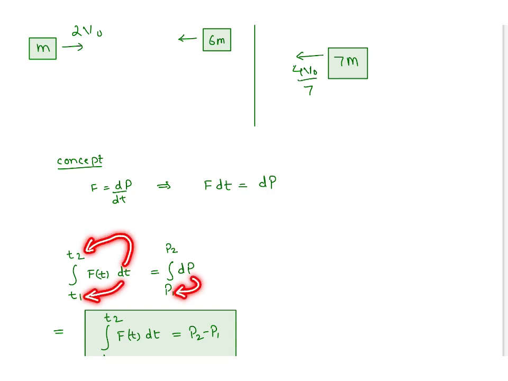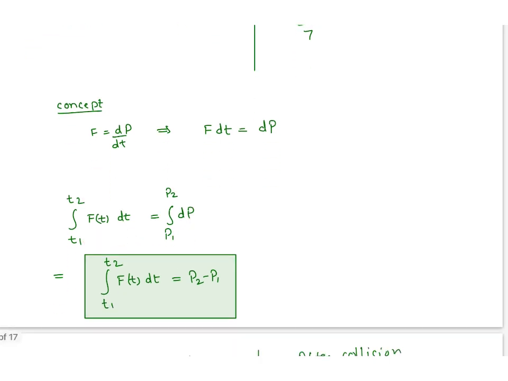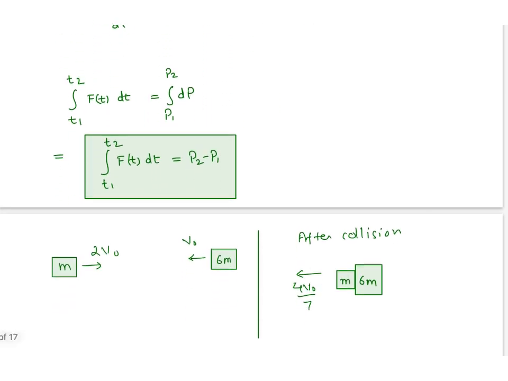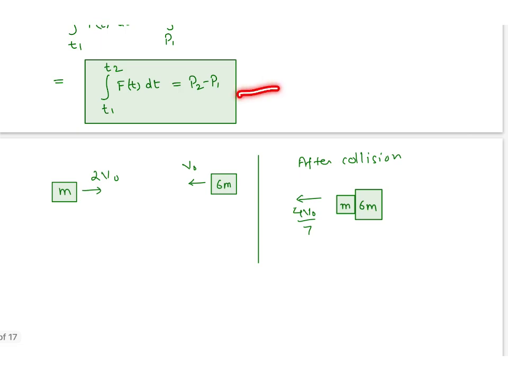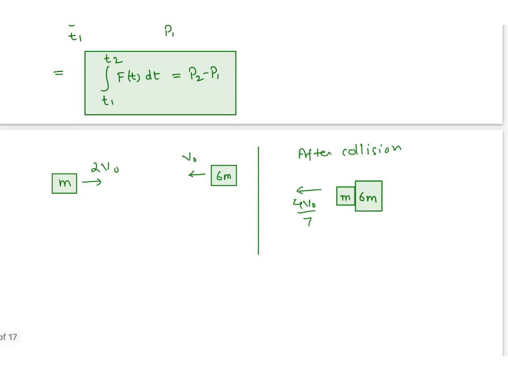At time t2, momentum was p2. So this integral of dp is nothing but p2 minus p1 after applying the limit. So this is impulse, which is equal to change in momentum.